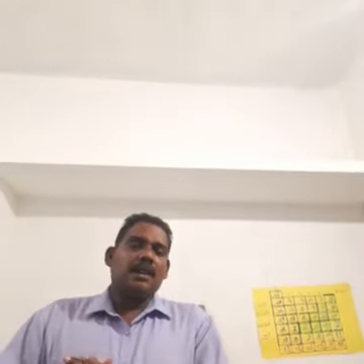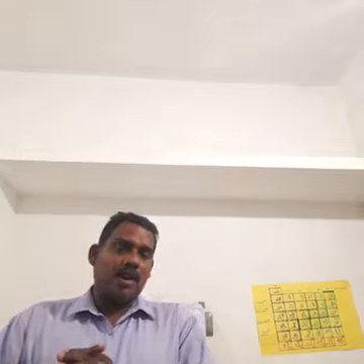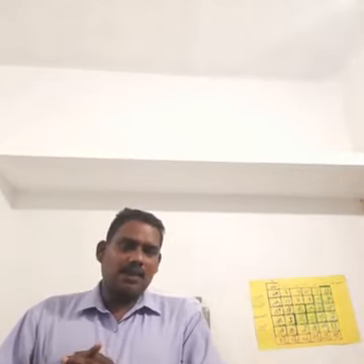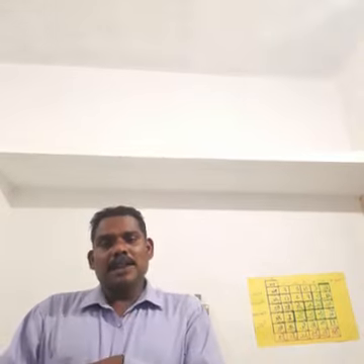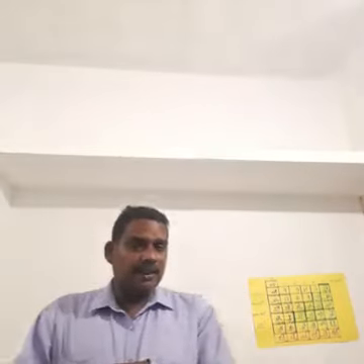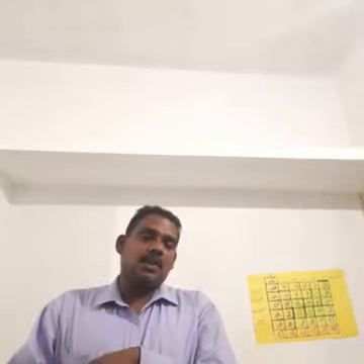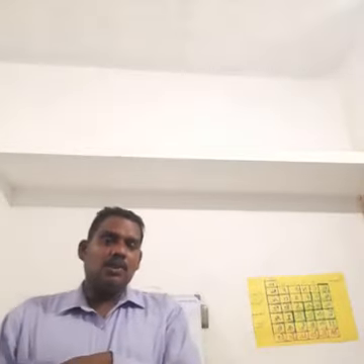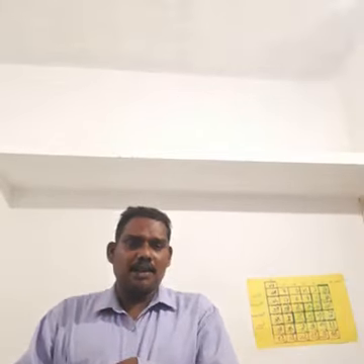Next, ammonium hydroxide, NH4OH. 1 OH, so acidity is equal to 1. Then calcium hydroxide, Ca(OH)2. 2 OH, so the number of ionizable OH is 2 and acidity is equal to 2.